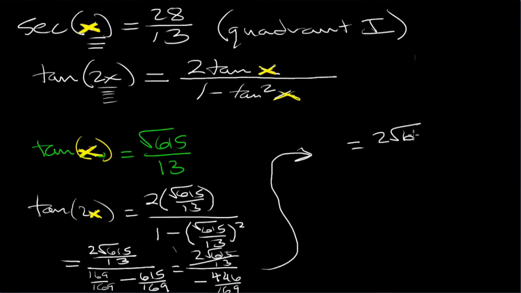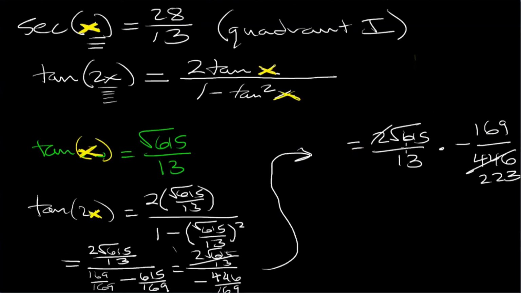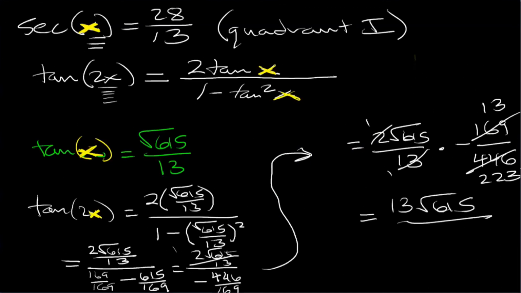So 2 root 615 over 13 times negative 169 over 446. 2 reduces with 446. 13 reduces with 169. And so negative 13 root 615 over 223 would be the exact answer.